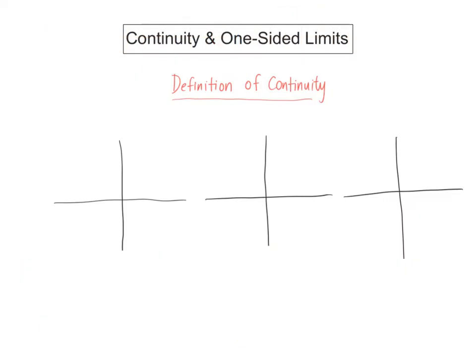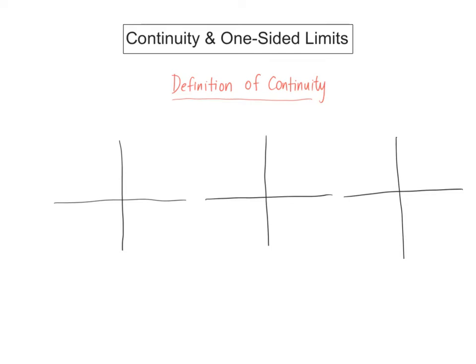All right, let's wrap this up with continuity. The more how-you-should-remember-it definition of continuity is if you can draw it without lifting up your pencil. Technically, the definition of continuity is this.